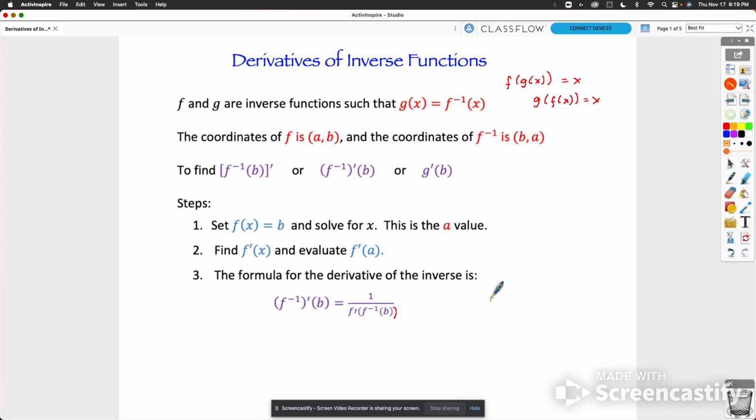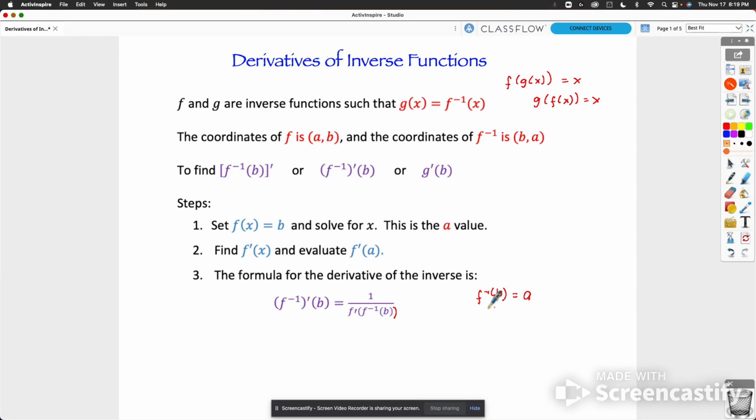So what happens here is, since f inverse of b is equal to a, right? Because your coordinate point is (b, a). So if x is equal to b, then your y is equal to a. So f inverse of b is equal to a.